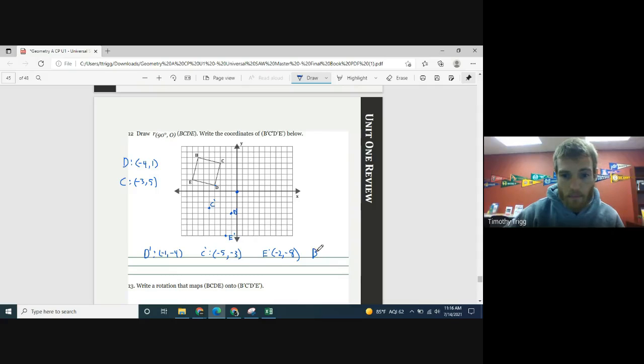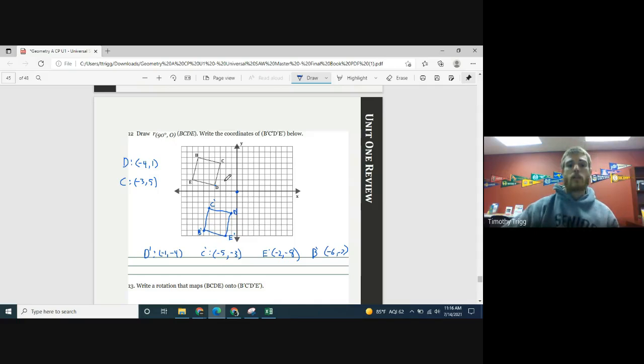Lastly, B prime is going to end up at -6, -7. Okay. -6, 1, 2, 3, 4, 5, 6, -7. 1, 2, 3, 4, 5, 6, 7. So this is where B prime is going to be. Connect the points to create the image.